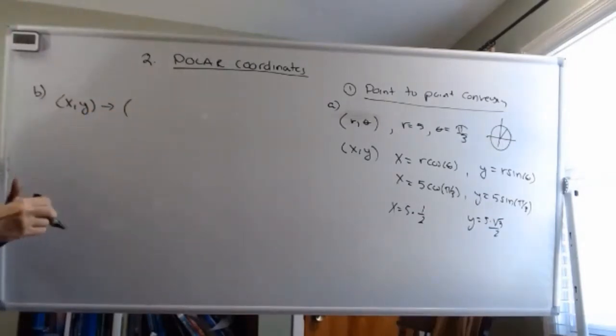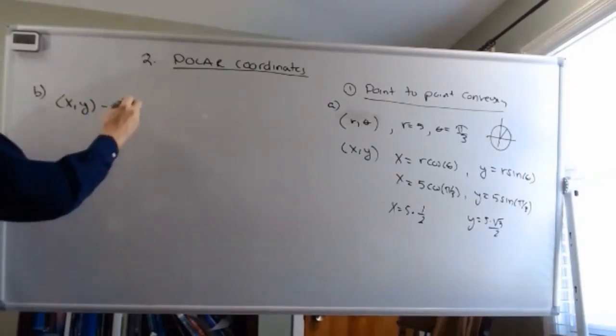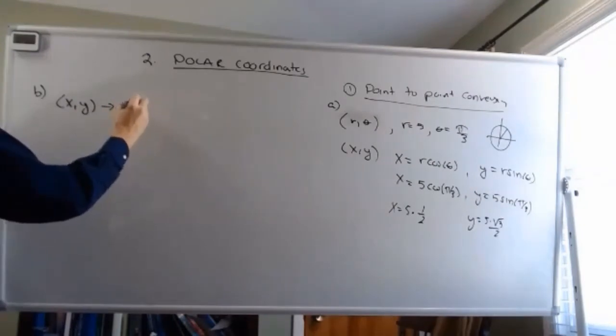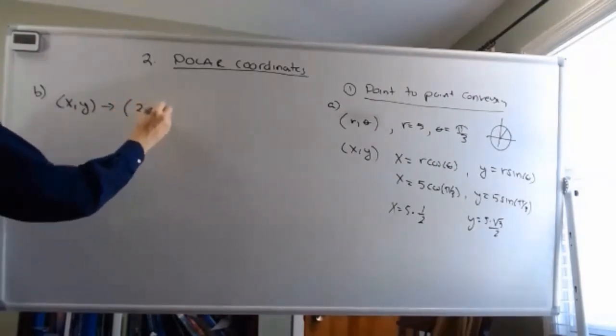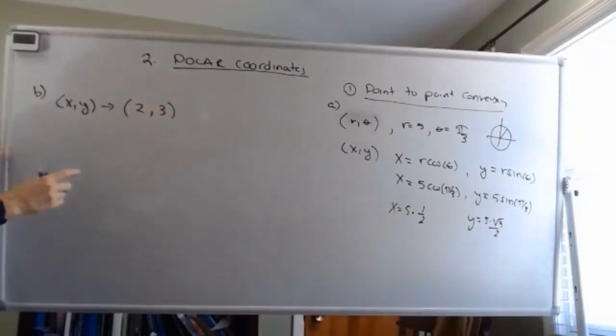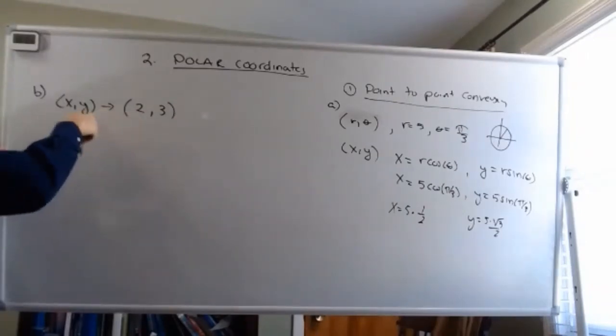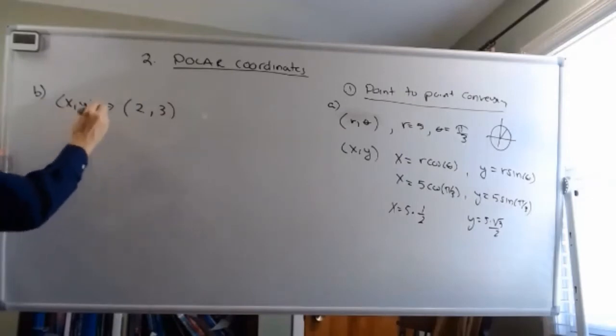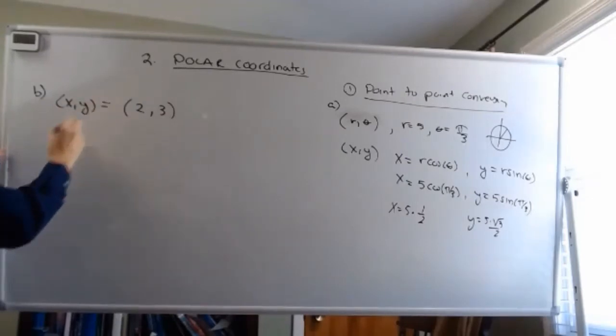I'll pick an easy one: 2 comma 3. This is not going to give us exact angles. It's going to give us something approximate. And we now want to go to r comma theta. So my x comma y is given like that, and I'd like to convert this into an r comma theta.